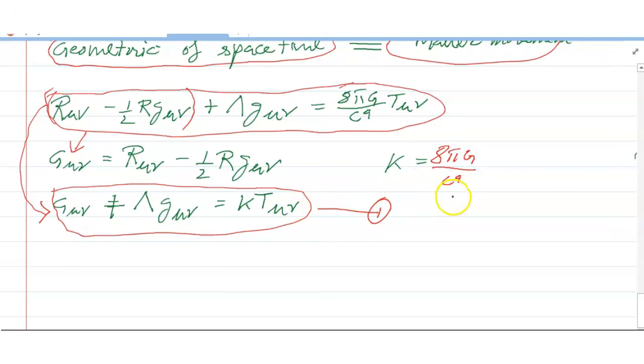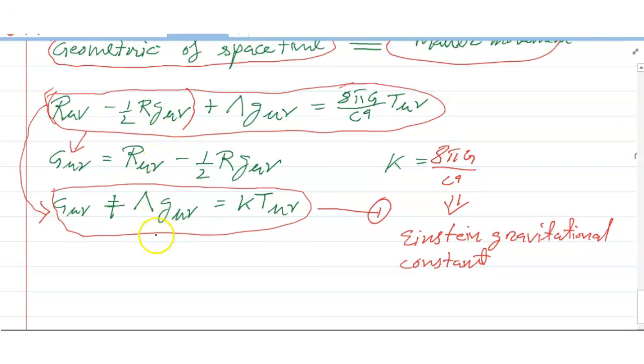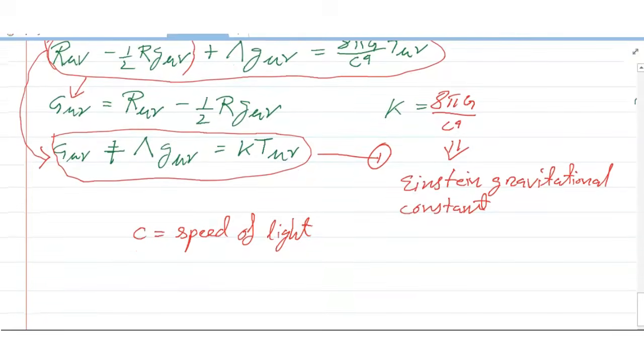Here this k value is called the Einstein gravitational constant, and c is equal to the speed of light, the speed of light in 4 dimensions.